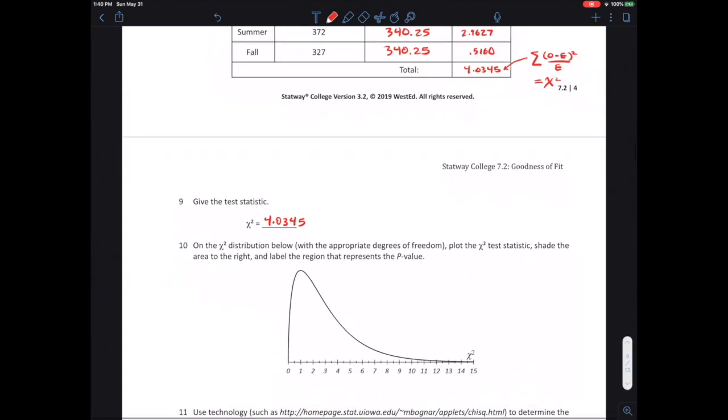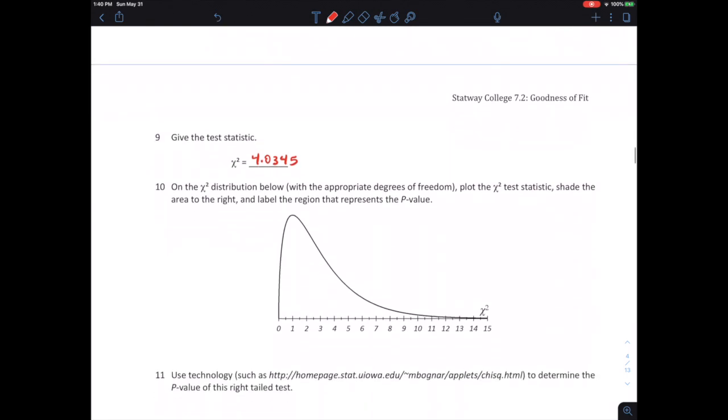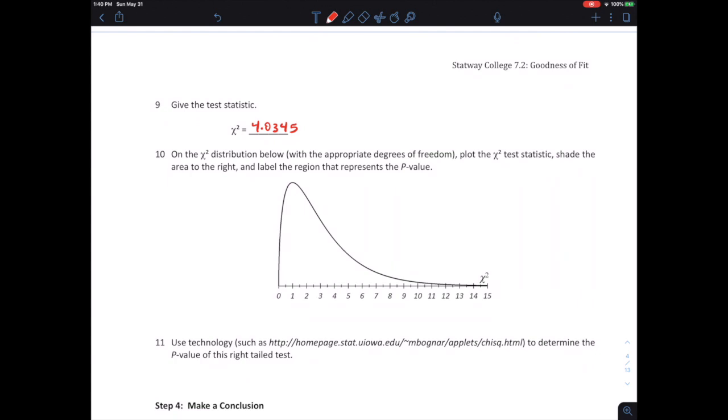They're asking us to plot that on the graph. 4.03 is going to be real close to 4, so I'll just do that. Maybe I'll make a note down here, 4.0345 there. The p-value will be the area to the right of this.